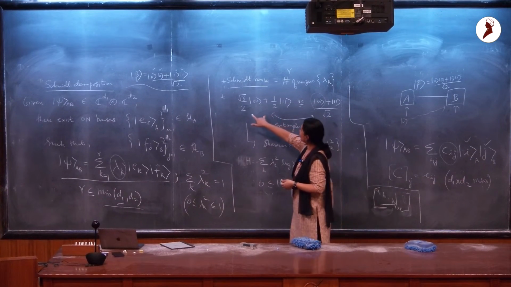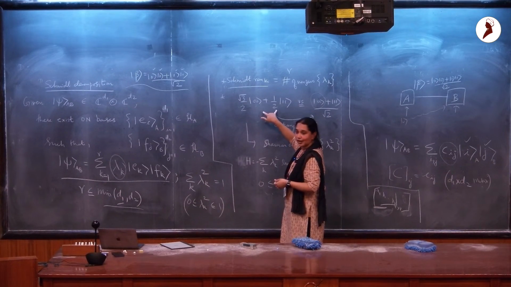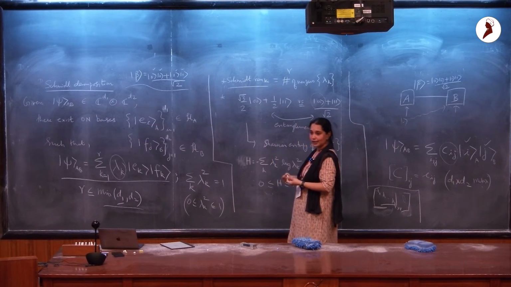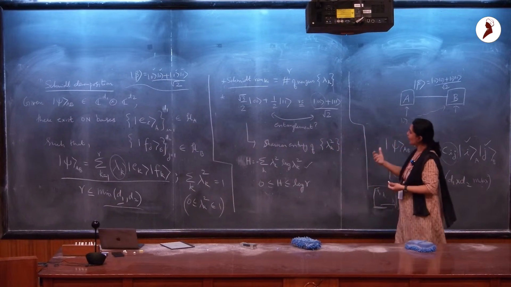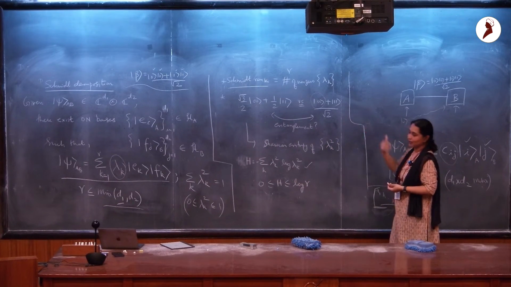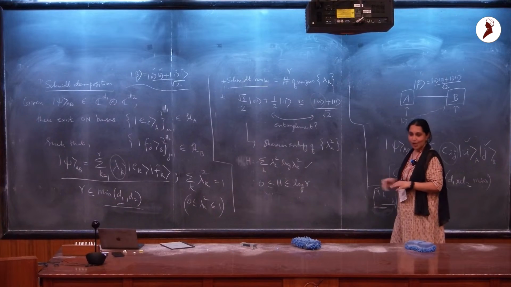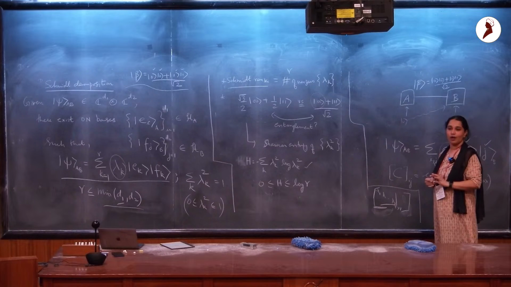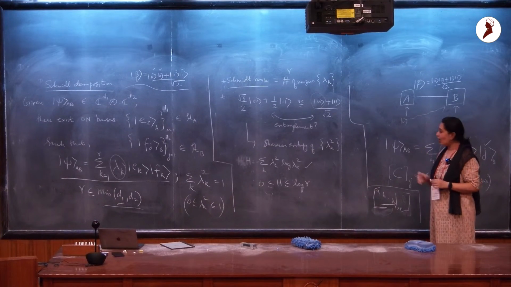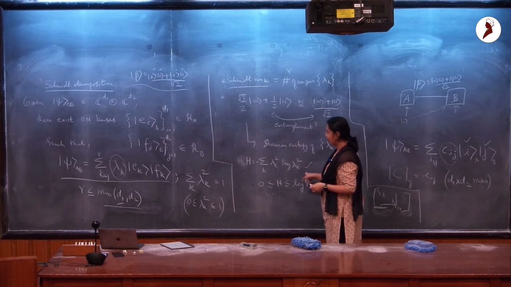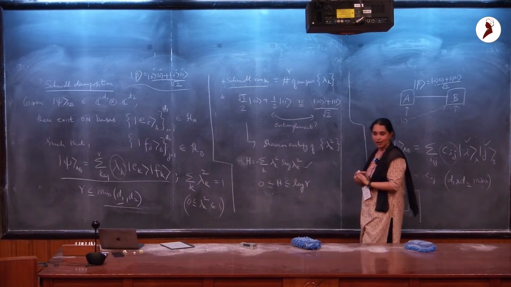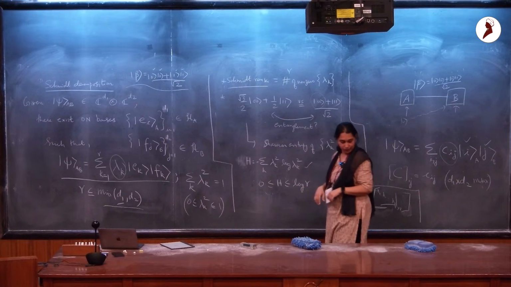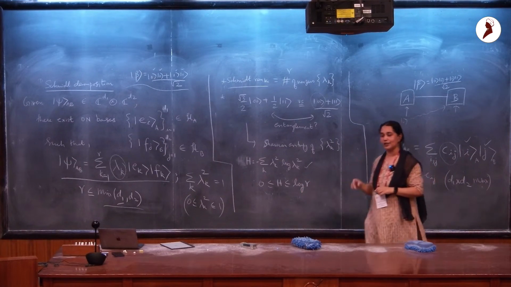So a state whose Schmidt coefficients have lesser entropy has lesser entanglement content than a state where the entropy of the Schmidt coefficients is larger. So I waved my hands around a lot. Is there a precise way to say why this entropy must tell me something about the correlations between these two systems? The answer is yes. I'll tell you what that is in a couple of minutes.